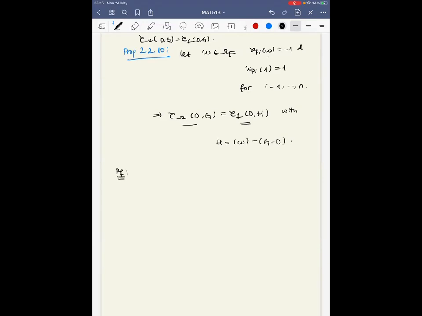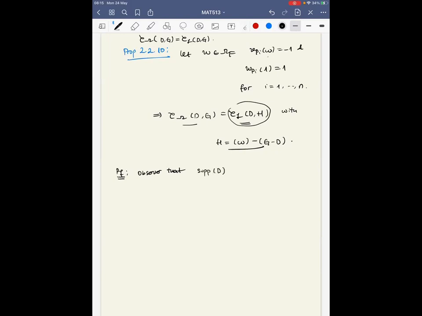And in order to see that they are essentially the same, first let me observe that in this case, this definition makes sense.